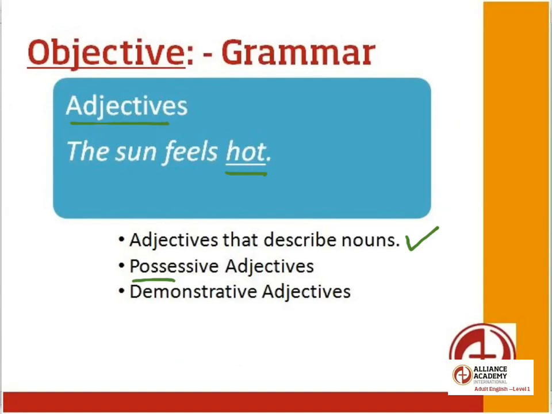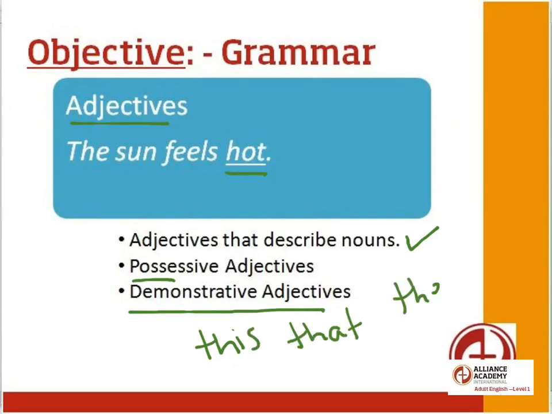My favorite movie is, etc. And we will also be working with our demonstrative adjectives. This, that, these, and those. So that is the objective for grammar in Module 7.